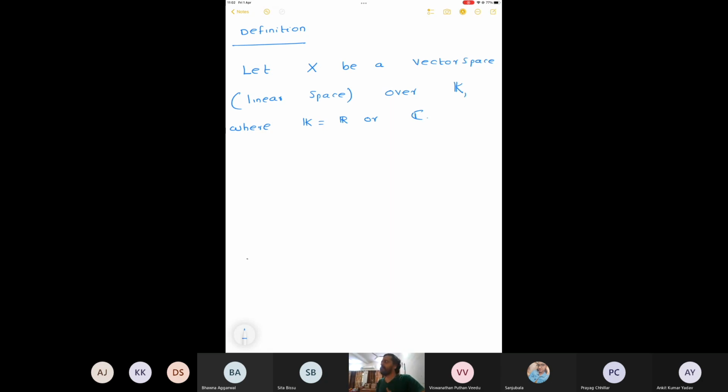Now we want to talk about length of a vector. Suppose this symbol, which is read as norm, is a function defined on the vector space X, taking each vector in the vector space to a real number. So you are quantifying each vector in the vector space.